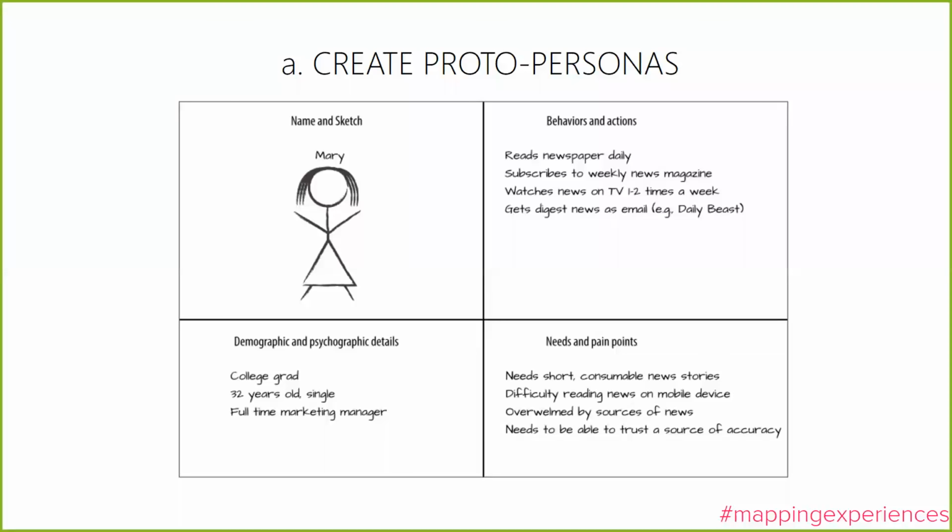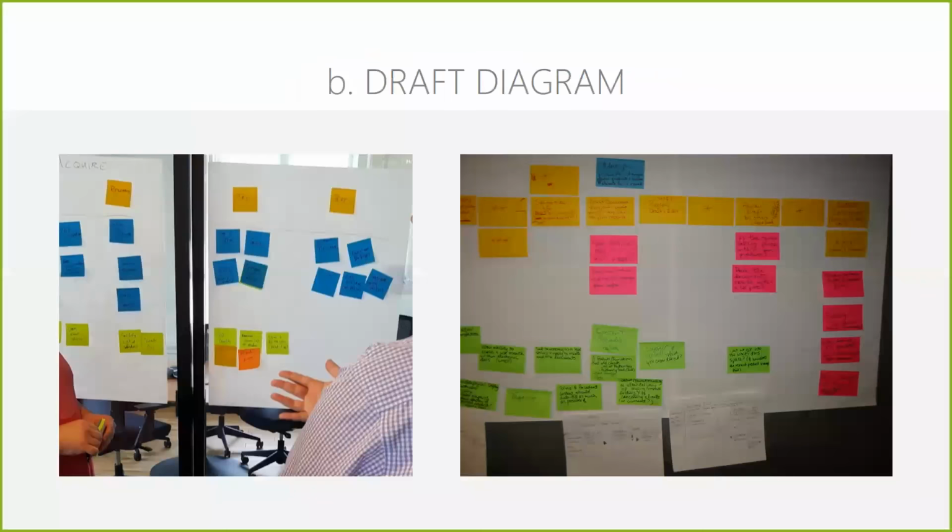And this allows you to have a specific conversation about a specific individual rather than talking about demographics or segments. So the Proto Persona activity is just a shorthand way to get to a representation of the customer as quickly as possible, and then using that as the basis for whose experience you're talking about.